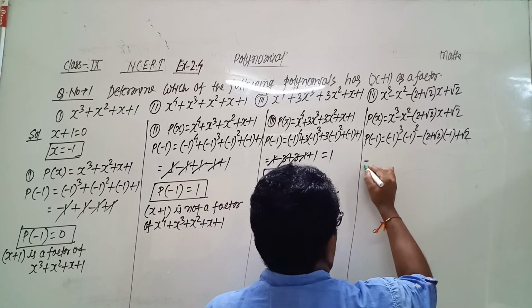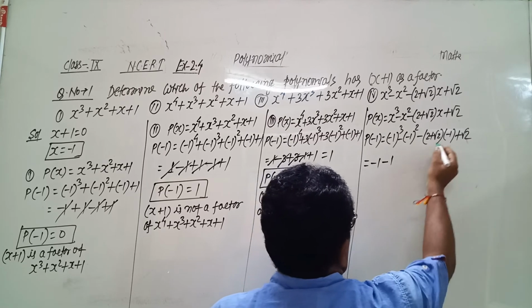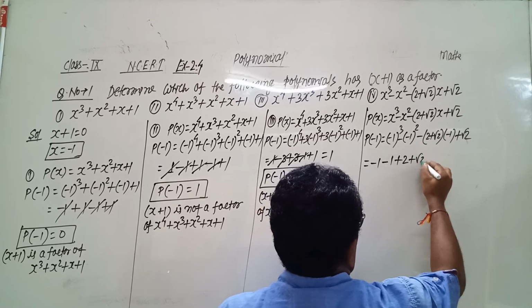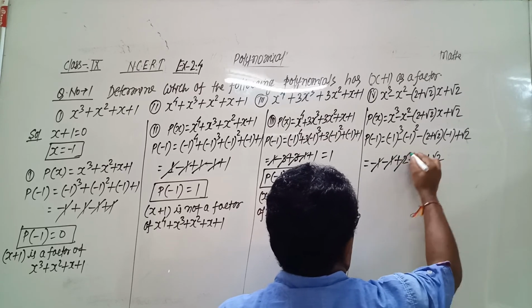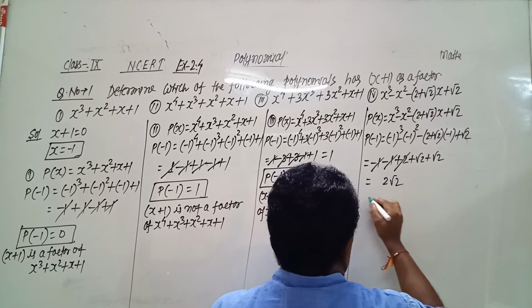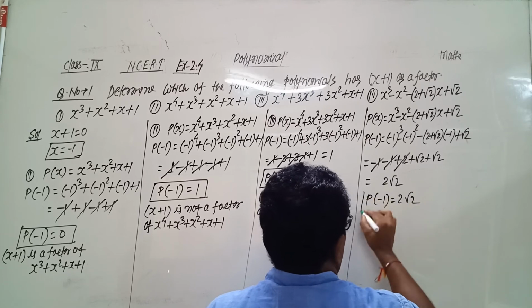So minus 1 to the power 3, minus 1 the whole square is 1, and minus times minus gives plus 2 plus root 2 and plus root 2. So minus 1 minus 1 plus 2 cancel and root 2 plus root 2. We get 2 root 2. So P of minus 1 equals to 2 root 2.